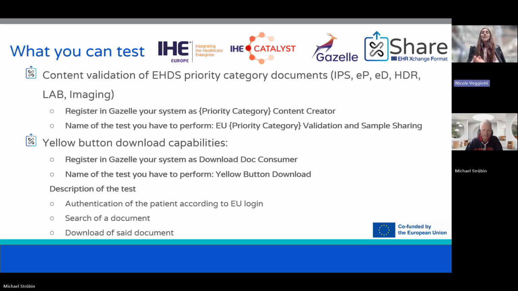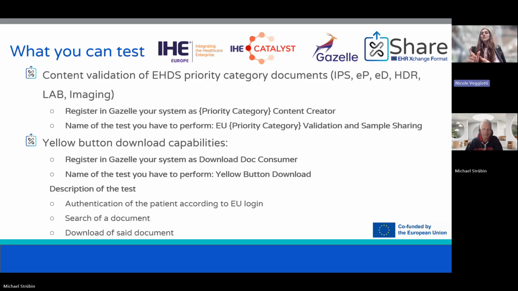So we have here two important things that you need to know before starting the test. We have two types of tests. One is the content validation for EHDS priority category documents, and here we have the priority categories available. For performing this content validation, you need to register your system in Gazelle with the following actor.